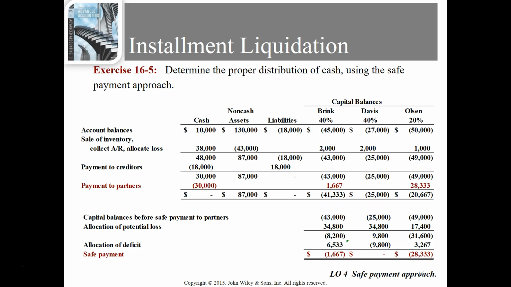But again, it's 40 out of the remaining 40 and 20, which is 60. 40 over 60 times 9,800 is 6,533. 20 over 60 times 9,800 is 3,267. And you're left with the following safe.